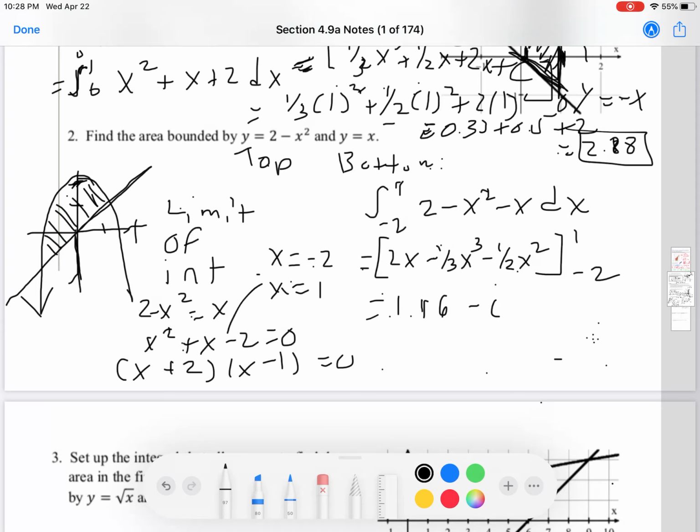And for the negative 2 plugin, you should get negative 3 1/3. If you like fractional form better, that's fine too. So your answer is going to be 4.5 or 9/2.